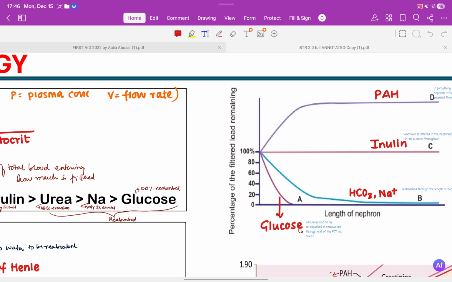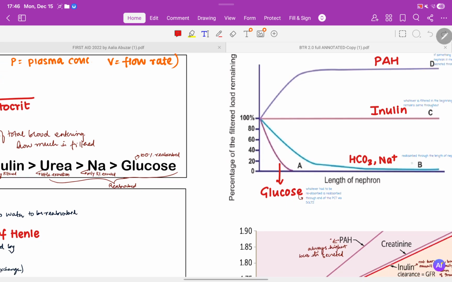So along the tube there is no change. Once through the glomerulus, all the inulin is filtered and it remains the same throughout. Para-aminohippuric acid is filtered definitely, but some is secreted, so it increases over time. And obviously it remains the highest because there's the maximum clearance of para-aminohippuric acid.